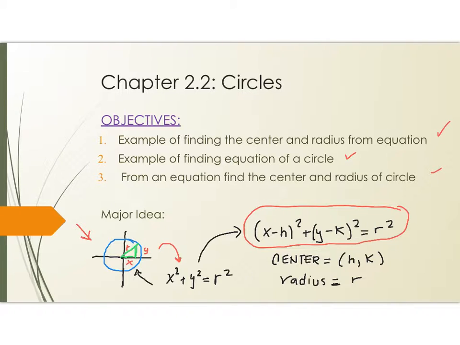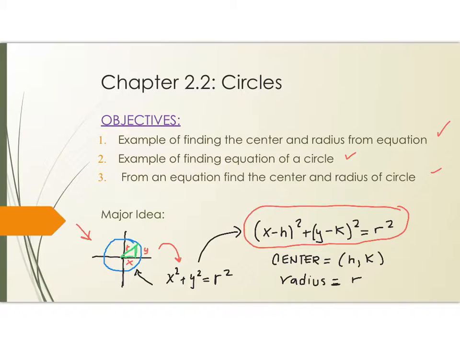So now our equation becomes (x minus h) squared plus (y minus k) squared is equal to r squared, where the center now is (h, k) and the radius is r.